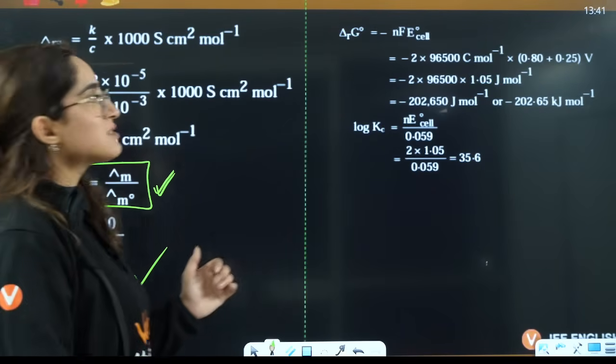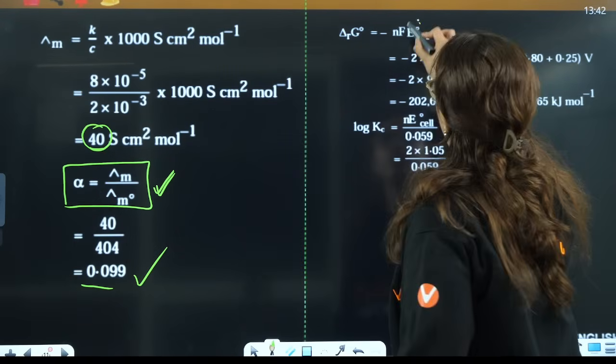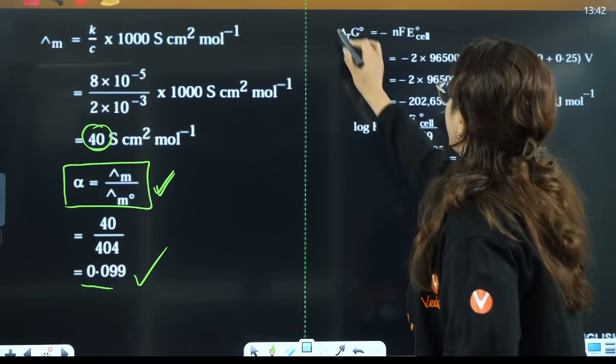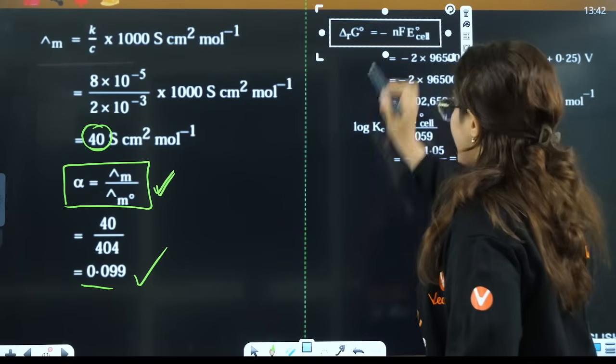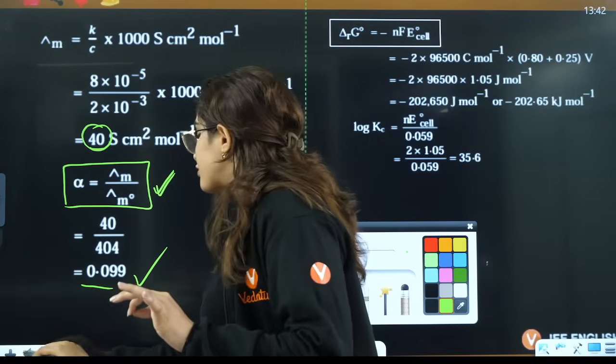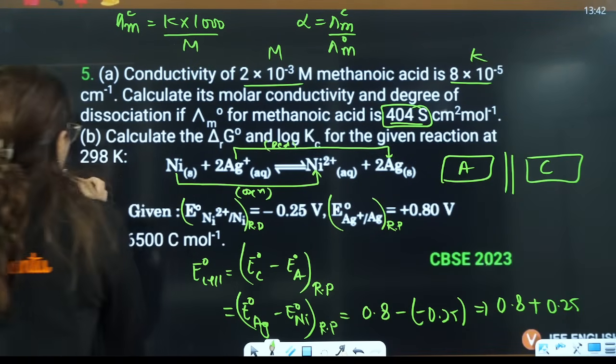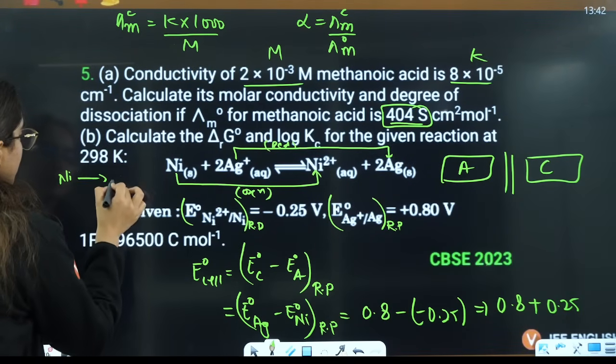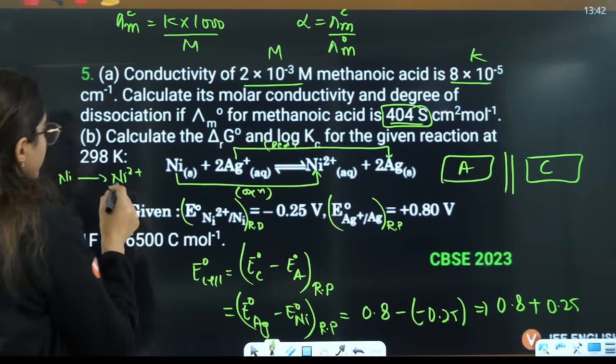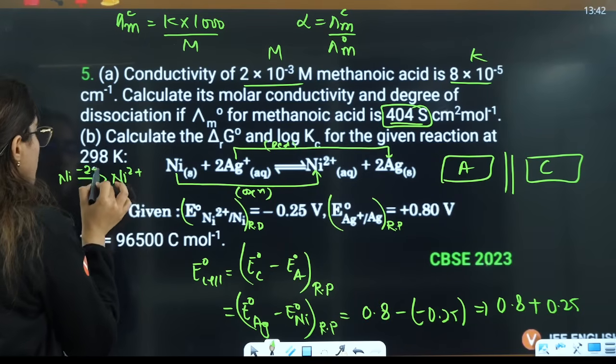Now, once you know this, you have calculated the value of E naught. Put the formula delta G is equals to minus nFE naught. Number of electrons, if you see, here nickel is going from nickel to nickel 2 positive. That means 2 electrons are lost.